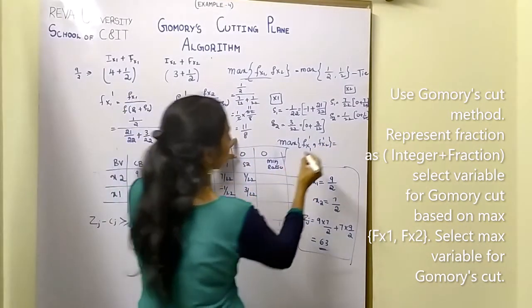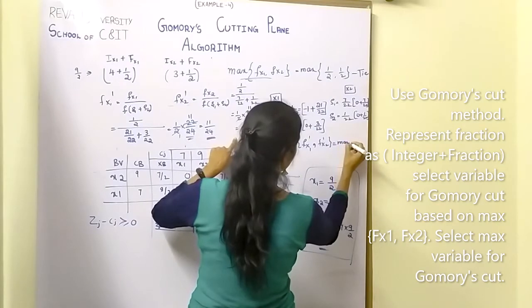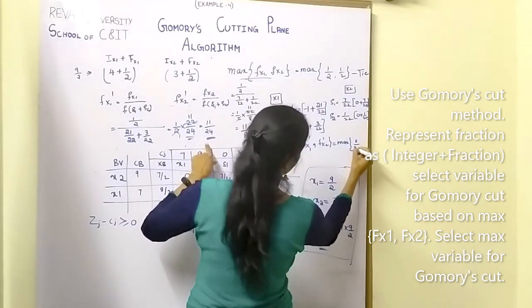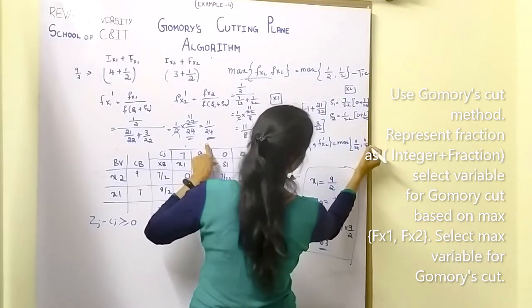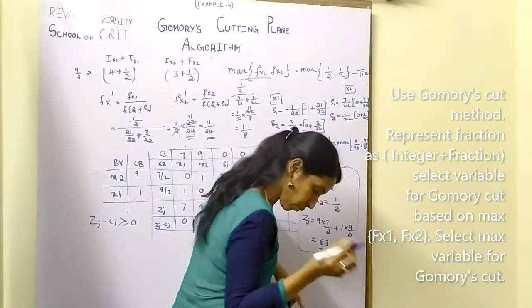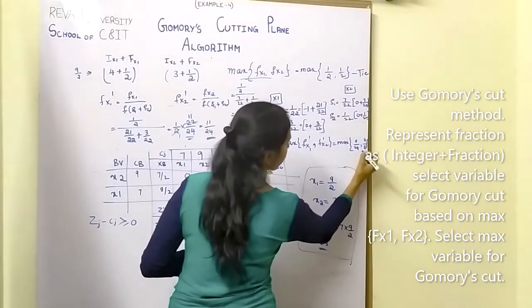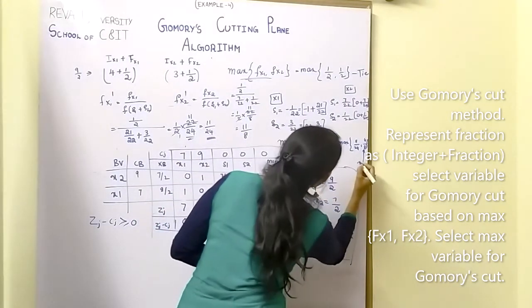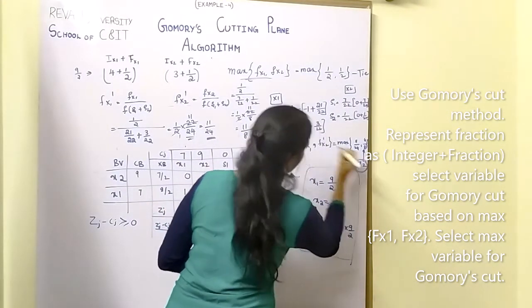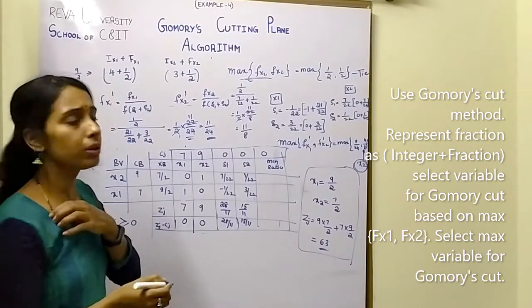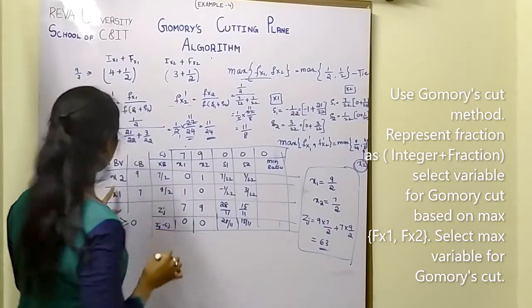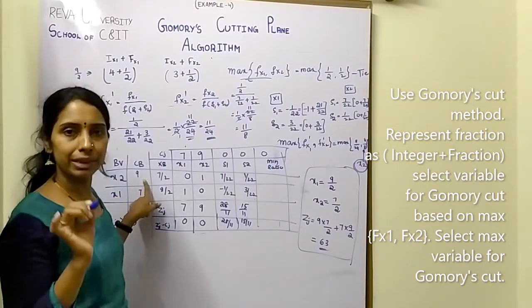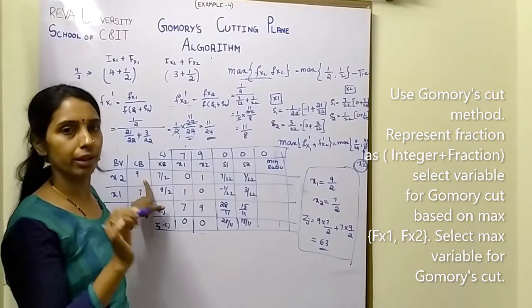So maximum of 11 divided by 24 comma 11 divided by 8. Which is the maximum here? The maximum is x2. So select x2 row to generate the GOMORY constraint.